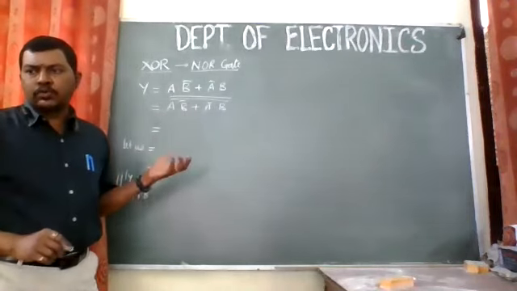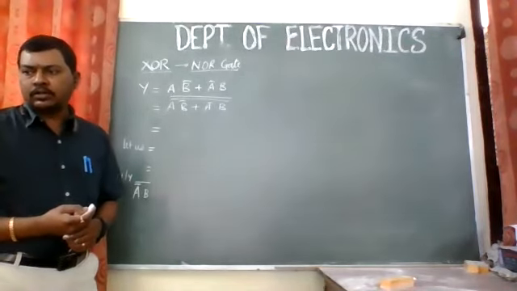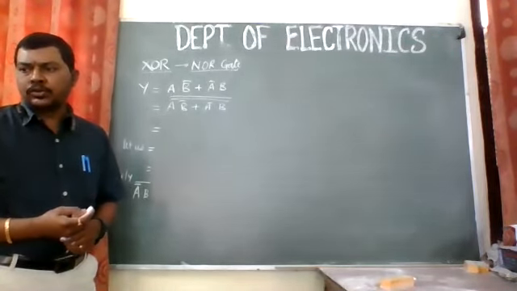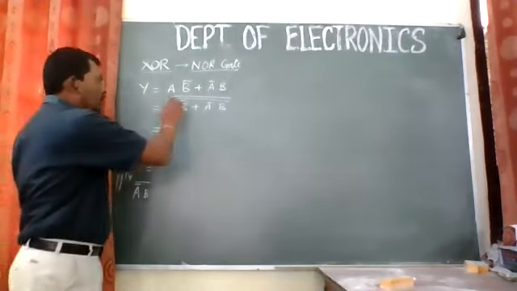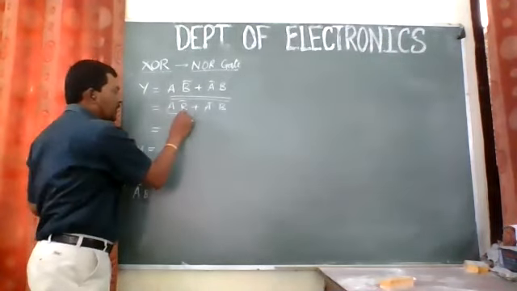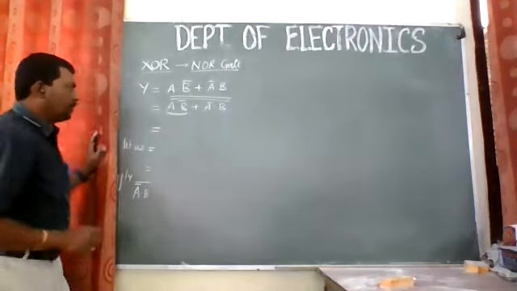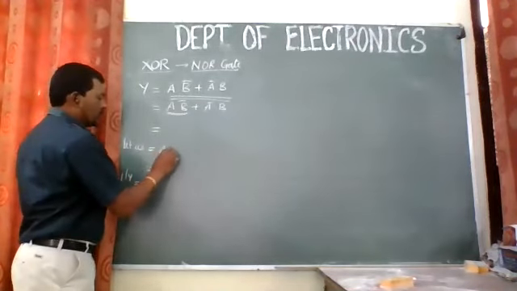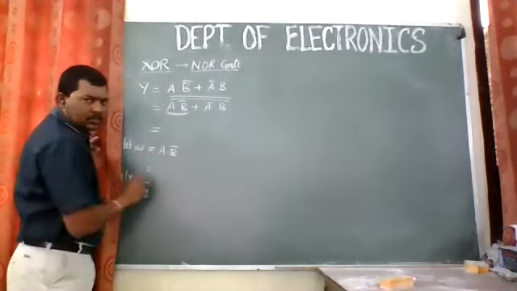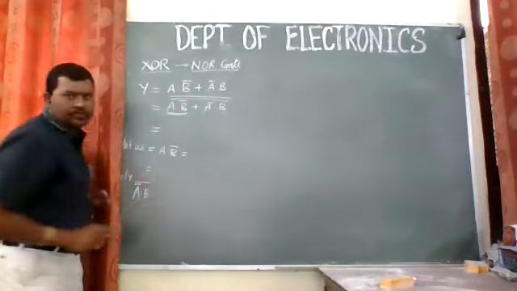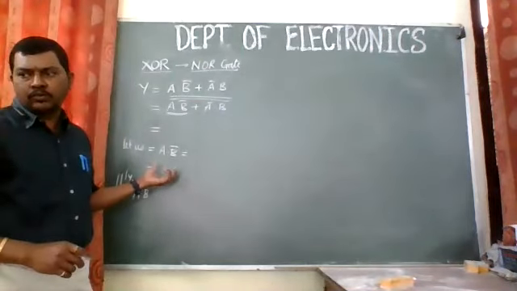We'll be using this equation in the same pattern. Now we'll be considering this term A dot B bar. Let us consider this term A dot B bar first, simplify this equation first, and then we'll go for the other ones, right?